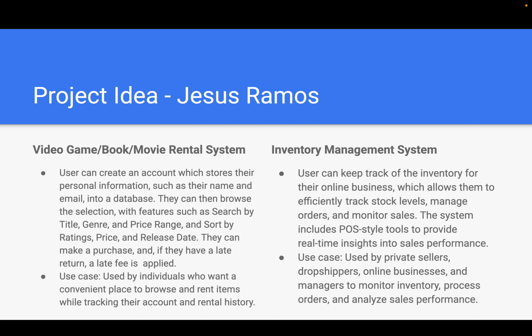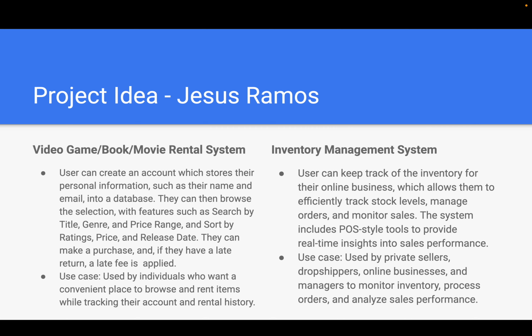Users can also make a purchase directly through the system, and if a rental is returned late, a late fee is applied automatically. The use case for this would be individuals who want a convenient way to browse and rent items while also keeping track of their rental history.